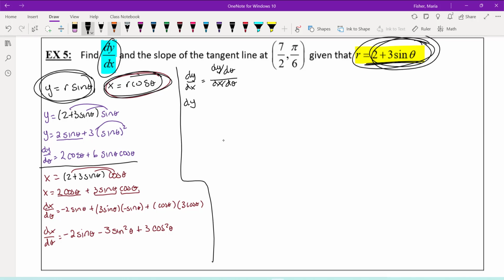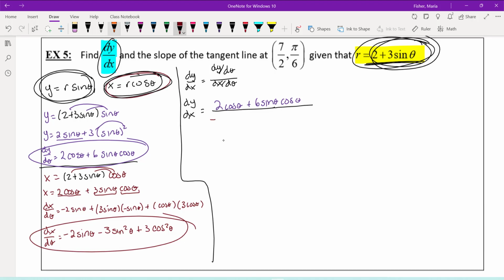So in this case, your dy/dx is going to equal this 2 cosine of theta plus 6 sine of theta cosine of theta, and then divided by this guy right here, your dx/d theta, which is negative 2 sine of theta minus 3 sine squared theta plus 3 cosine squared theta.